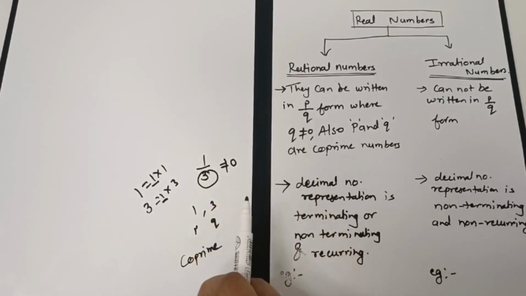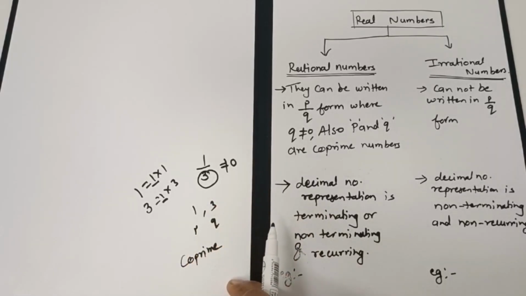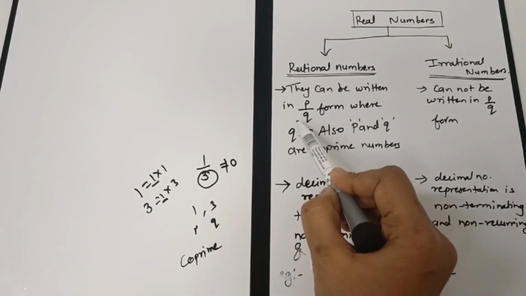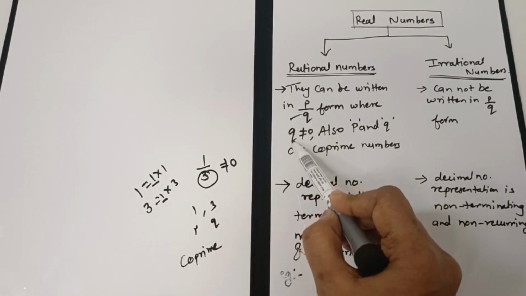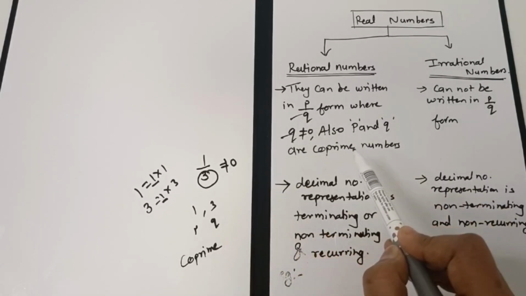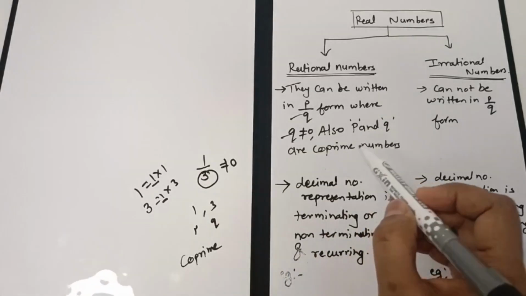Remember this. This definition we will require in one of the very important questions of this year. So the two things: it can be written in the form p by q, q should not be equal to 0, and p and q should be co-prime. Co-prime means one of its factors should always be 1.